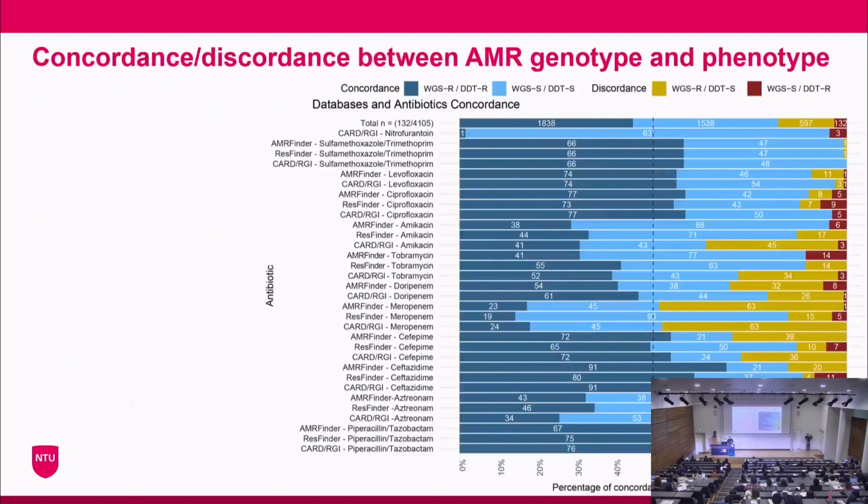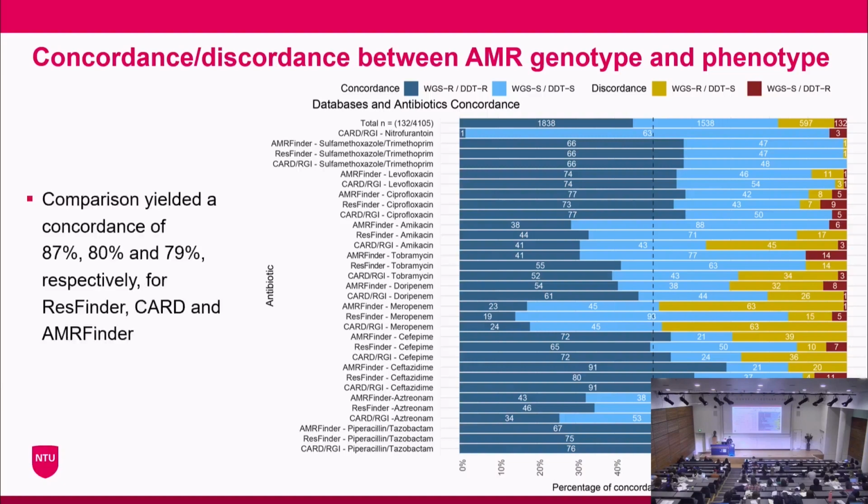To compare the concordance between genotype and phenotype, we used three different databases, which are CARD, ResFinder, and AMRFinder, and we had a concordance of about 87% for ResFinder and lowest for CARD or AMRFinder.